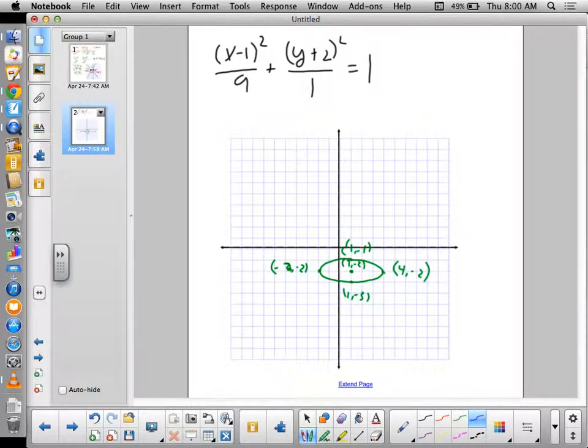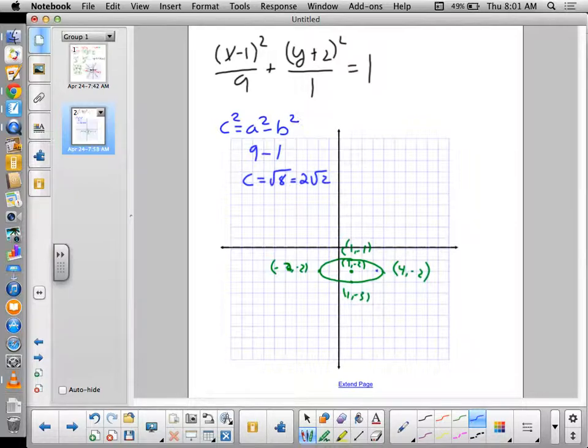Just to finish this out and to complete everything we could possibly do with this, let's find the foci. C squared equals A squared minus B squared here. So that's 9 minus 1, or C is the square root of 8, which is 2√2. So 2√2 is about 2.8.